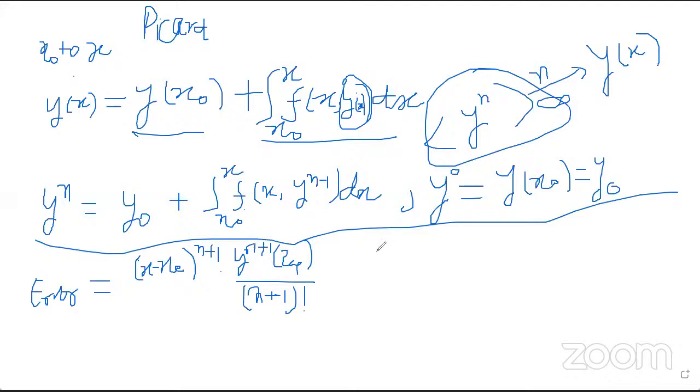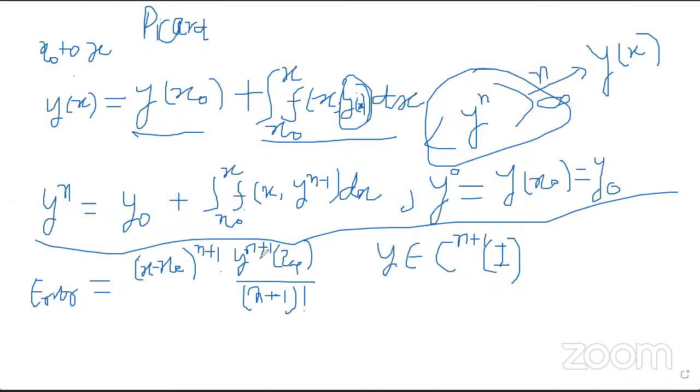This thing is clear. And let us assume, as I told you, that y is sufficiently smooth. So let's assume that y belongs to C n plus 1 on I, meaning the n plus 1th derivative exists and is continuous, which means it is bounded.